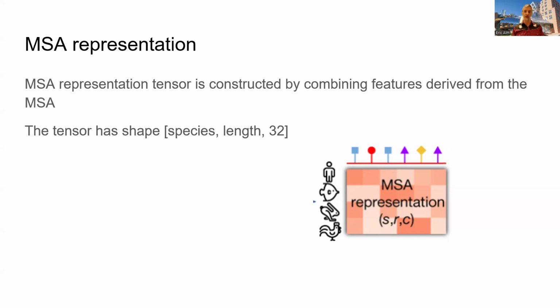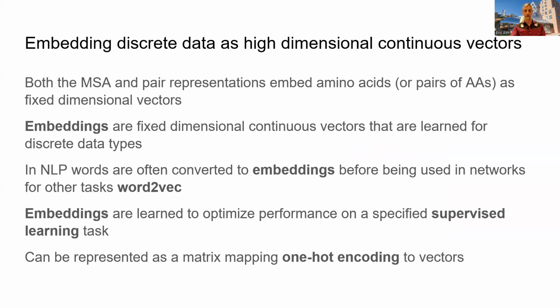And in this case, the vector is of length 32, because they probably empirically determined that 32 was sufficient to store the types of interactions that they needed between different parts of that multiple sequence alignment.